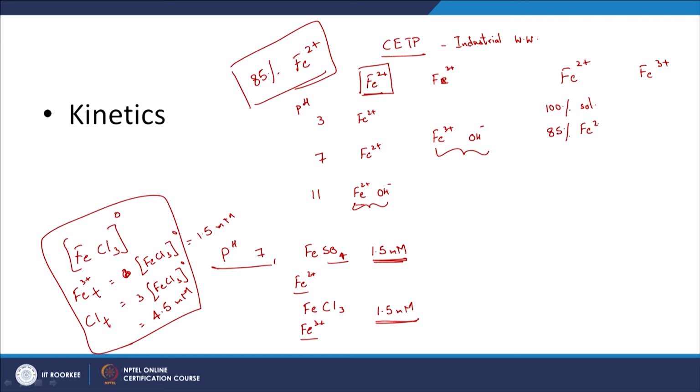But with Fe3+ we see that almost all of it, 100%, has precipitated out, at pH 7 anyway, which is more or less within the ballpark of the pH that the people at the CETP try to maintain. So let us look at why this is relevant now.